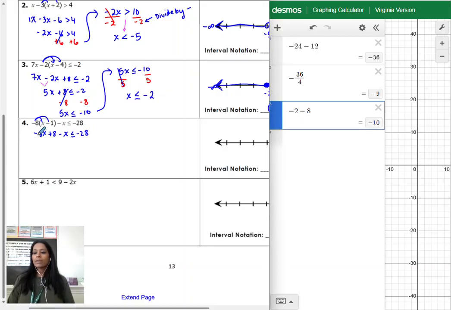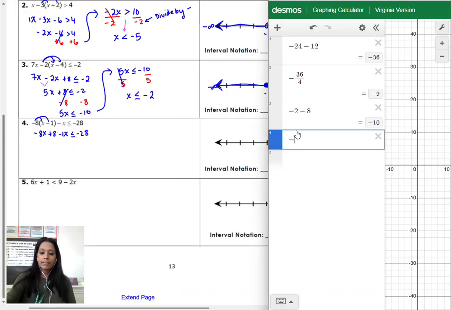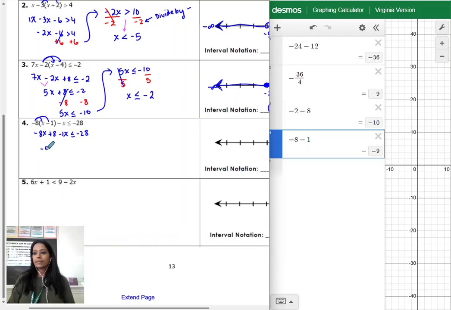Combine my like terms, so I have negative 8 minus, remember there's a 1 there, so that's negative 8 minus 1 is negative 9x. Again, I got the negative 9 because I put negative 8 and negative 1 together. And then bring down the 8, less than or equal to negative 28.